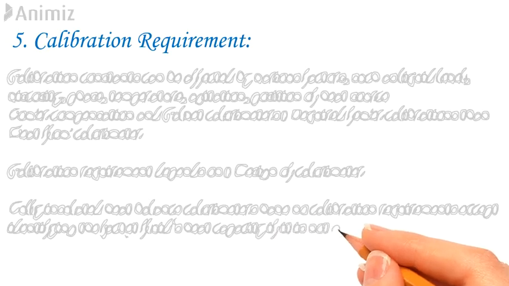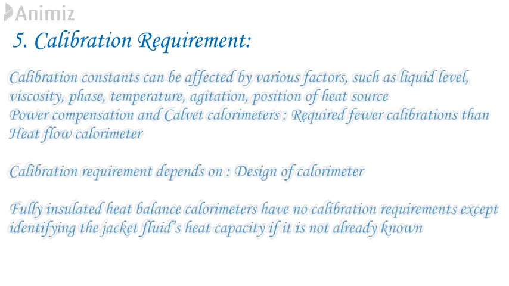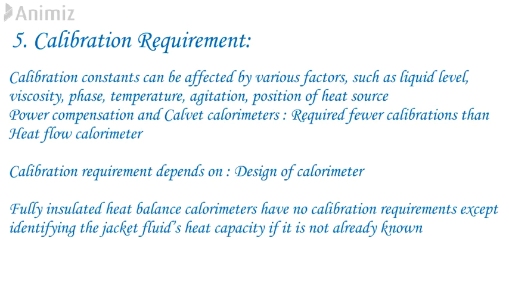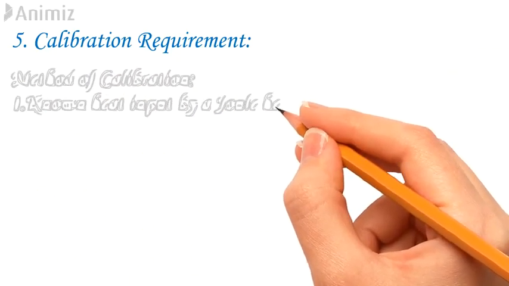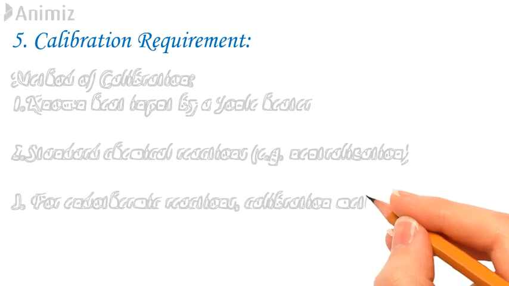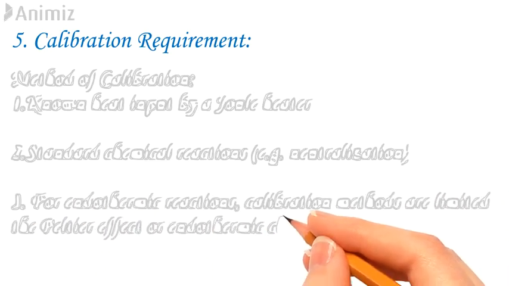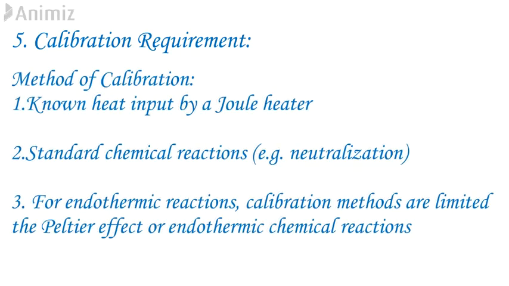Fully insulated heat balance calorimeters have no calibration requirement except identifying the jacket fluid heat capacity if it is not already known. Methods of calibration: First, known heat input by Joule heater. Second, standard chemical reaction, for example, neutralization. And third, for endothermic reactions, calibration methods are limited to the filter effect and endothermic chemical reactions.